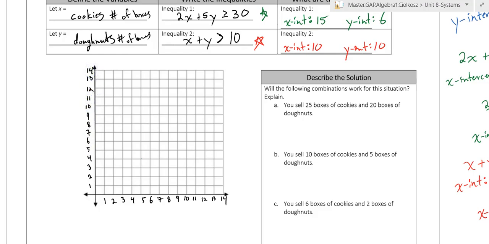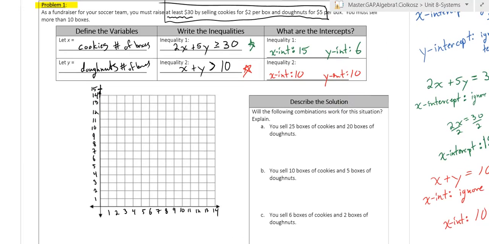And since I don't quite have enough, I'm just going to extend that up a bit and throw a 15 on there.